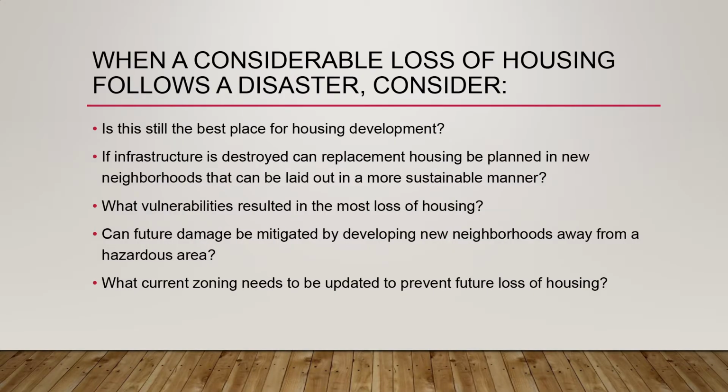And then examine what happens in the next disaster. Are we building back more sustainable homes, or are we building them back to what they were prior? And now they're just going to be vulnerable when the next storm comes. And then thinking about those mitigation efforts, and can we mitigate the efforts to prevent damage to that neighborhood in the future? Think about city or community ordinances or zoning plans, engaging those partners.